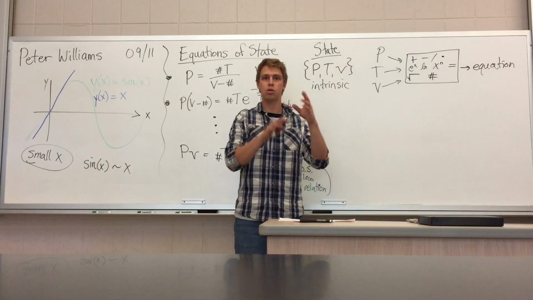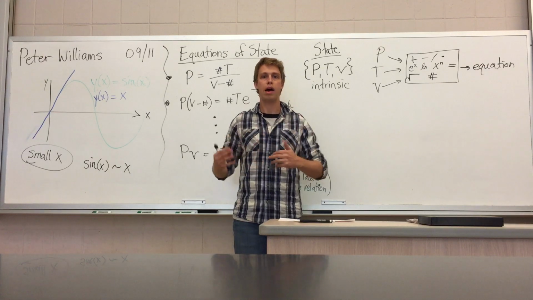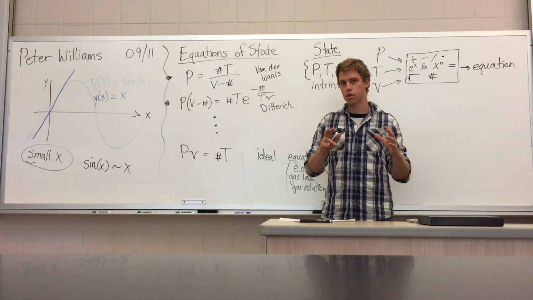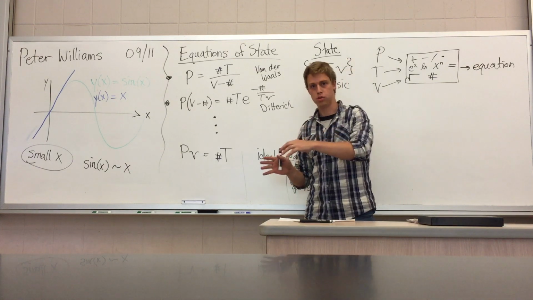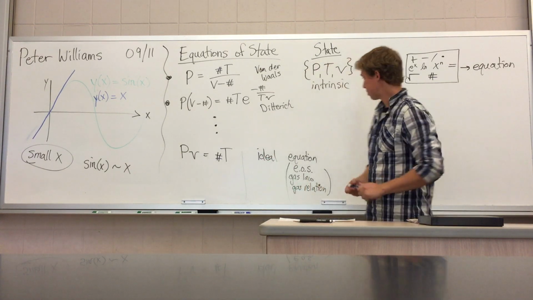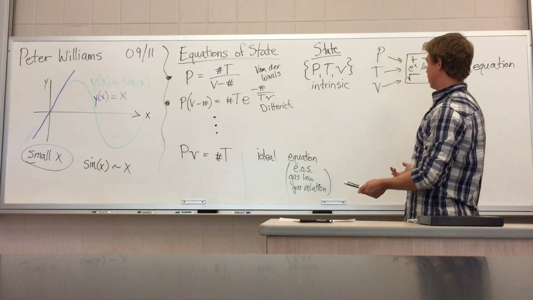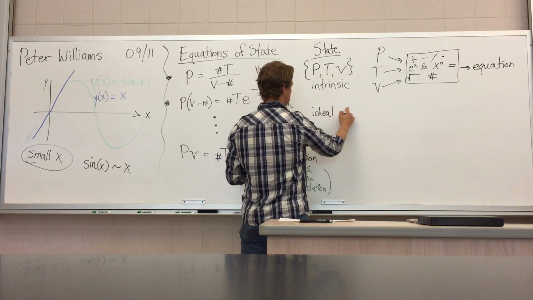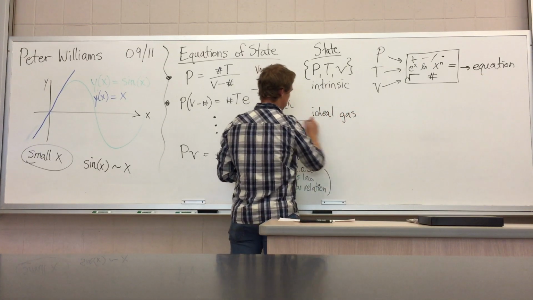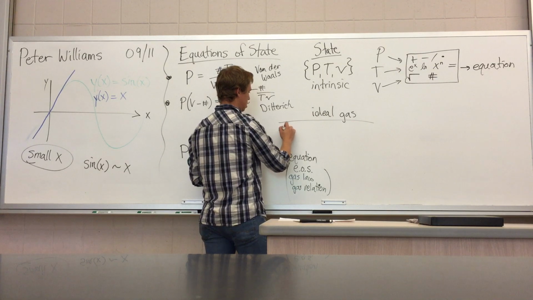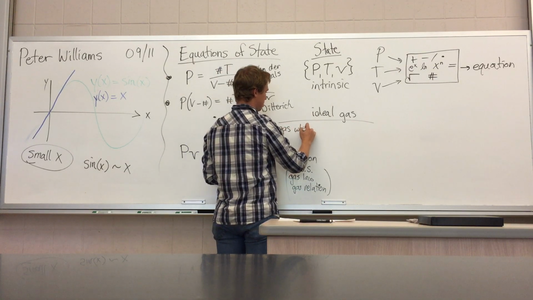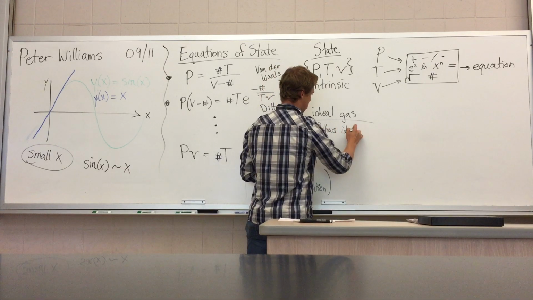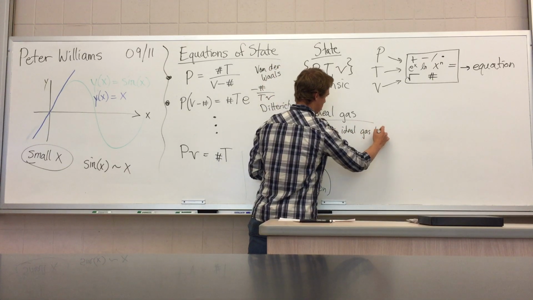We said, take these three variables and use all of math to mush them together. And then, in the physical world, what real systems follow those equations? All right? And so, an ideal gas, the definition of an ideal gas, is a gas which follows the ideal gas law.